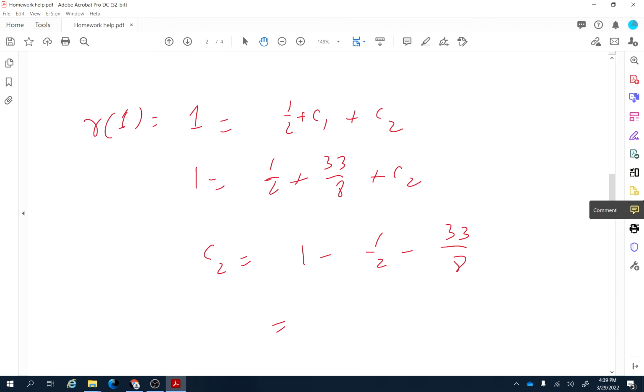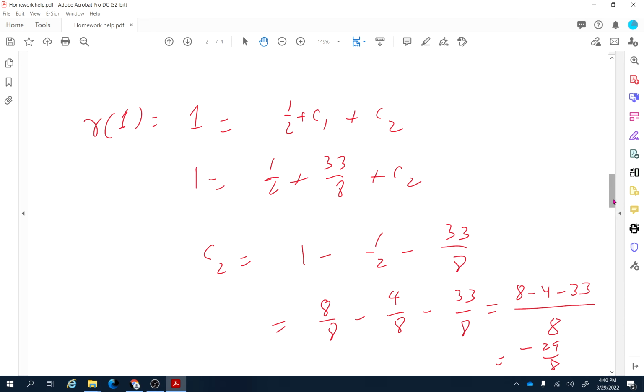Just make the same denominator: 8 over 8, 4 over 8, 33 over 8. By making the same denominator, you can write 8 minus 4 minus 33, which is eventually negative 29 over 8. 29 plus 8 is 37. So c2 is negative 29 over 8.